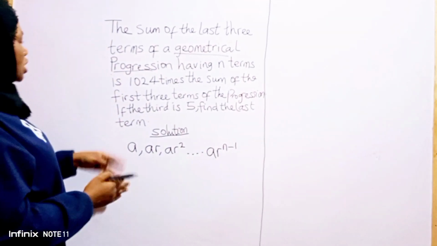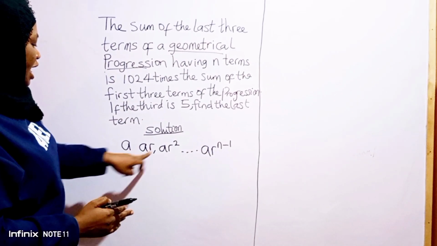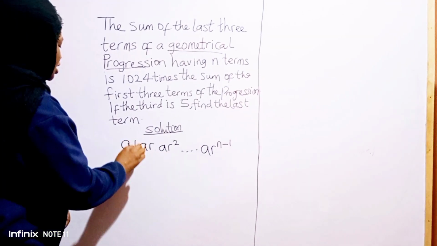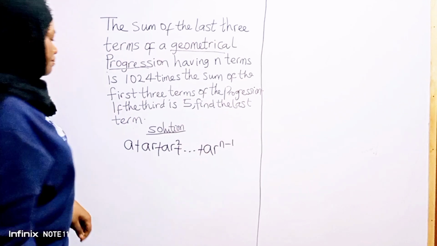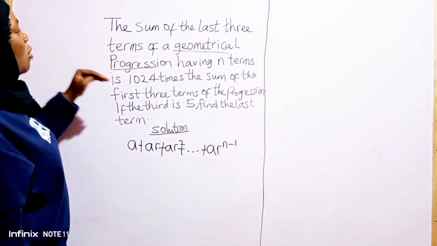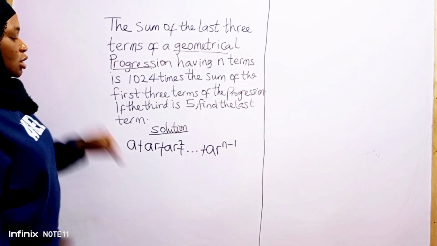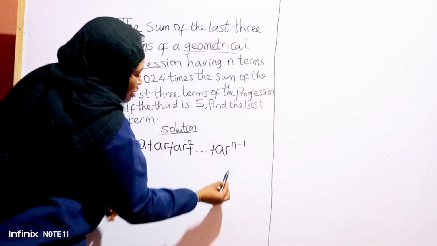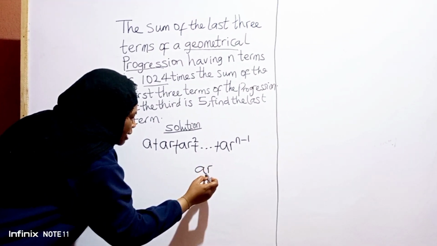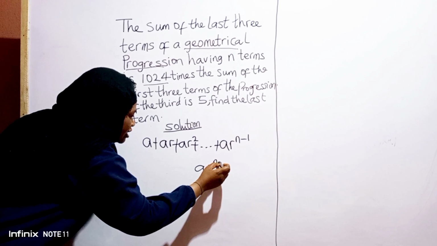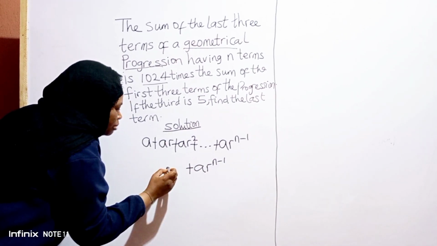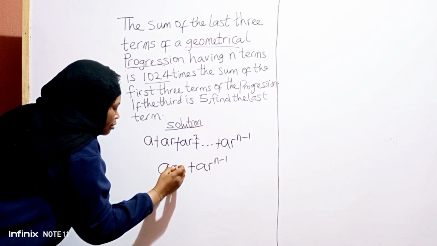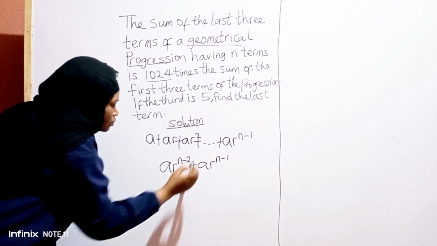Now we are dealing with a sum, so let's add. It's a series, you add till you get to the last term. The sum of the last three terms: this is the last term, a multiplied by r raised to n minus 1. The second to the last term is going to be a r to the n minus 2.